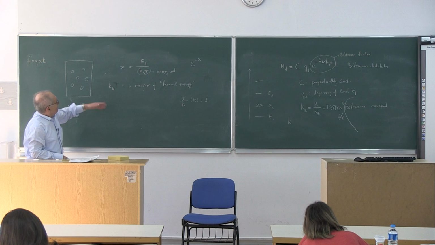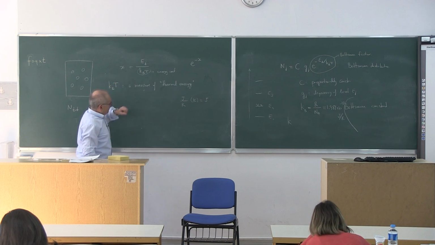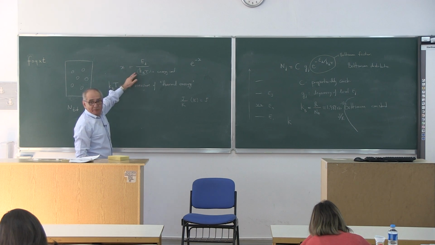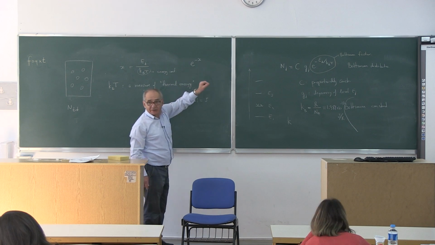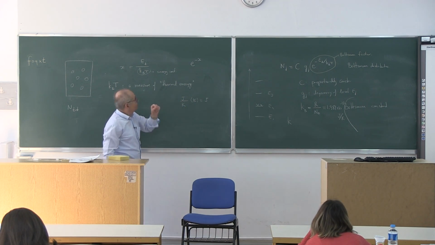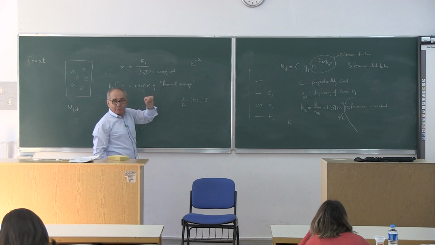So, we say when the energy level is high relative to the thermal energy or low relative to the thermal energy, meaning the value of x is a large number or a small number. Now, this is the Boltzmann factor, e to the minus x. X is a positive number, and KT, of course, is positive, which means x is always positive.